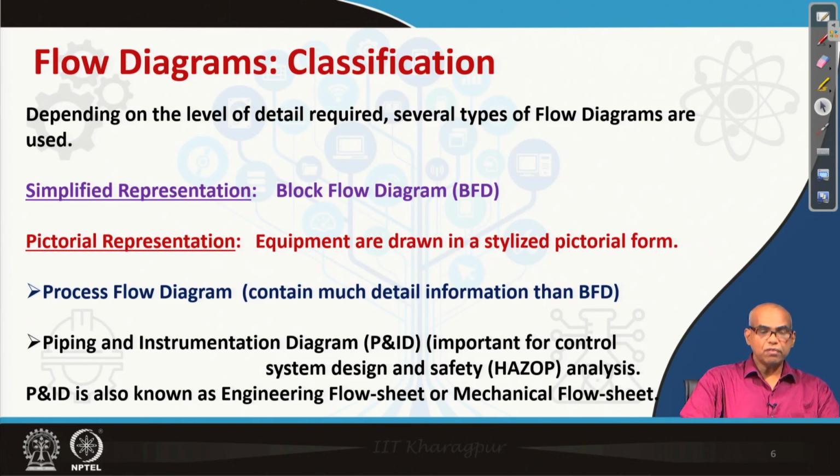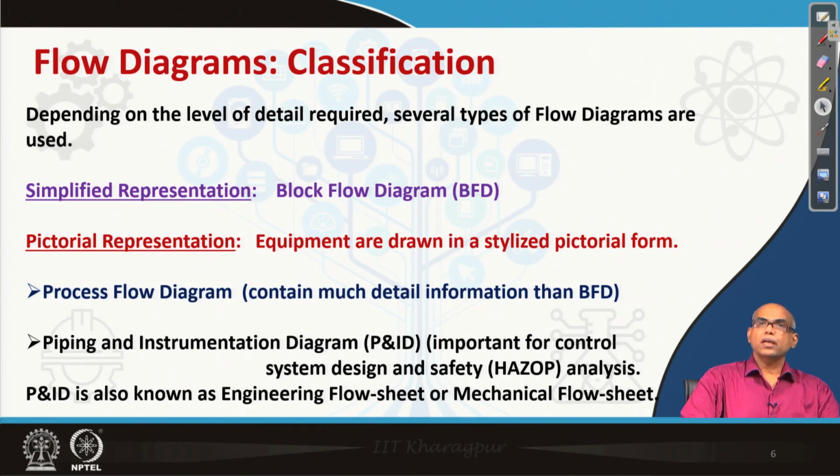So, a block flow diagram is a very simplified representation of the process. A process is represented in terms of blocks, whereas process flow diagram and piping and instrumentation diagram represent the process pictorially. So, equipment are drawn in a stylized pictorial form. Piping and instrumentation diagram is very important for control system design and safety analysis.